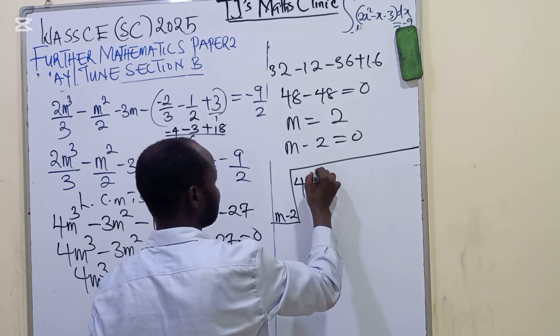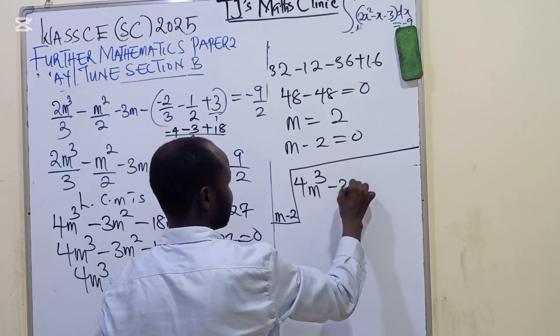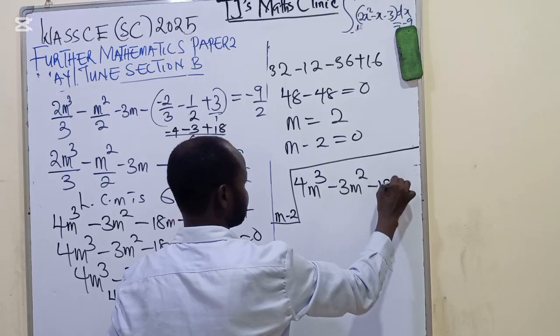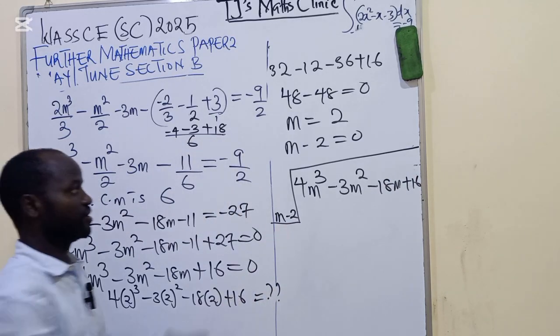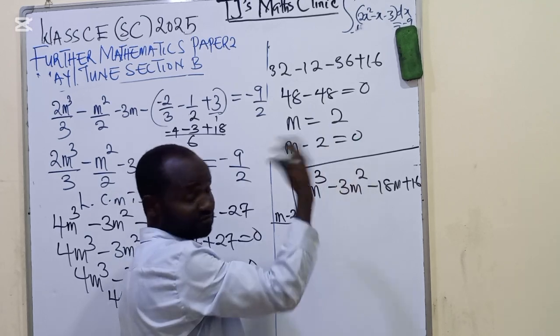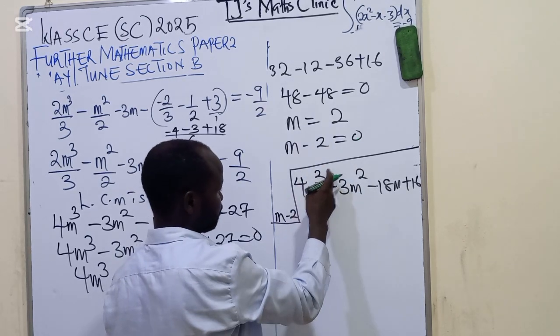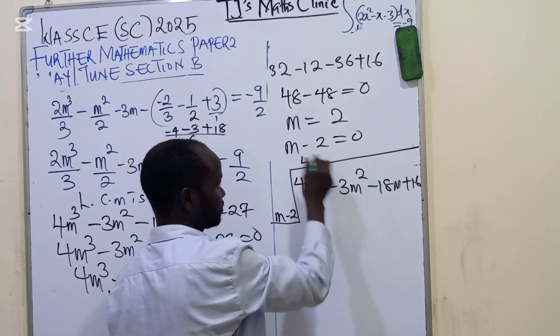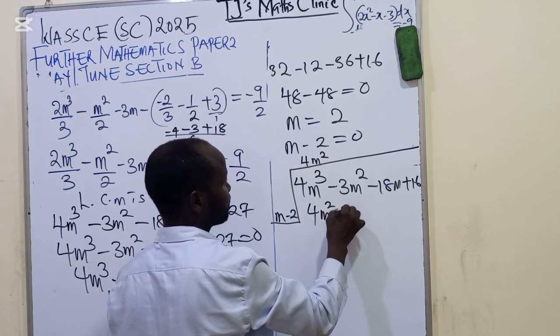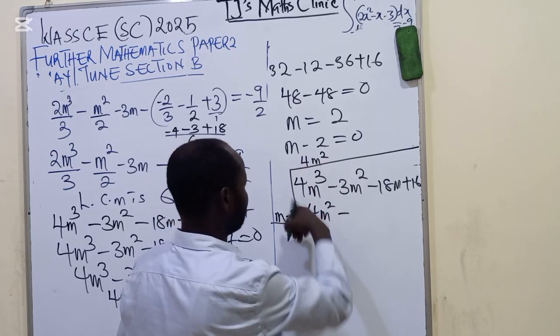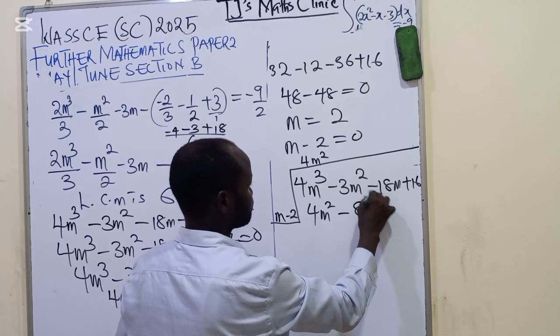We divide 4m cubed minus 3m squared minus 18m plus 16 by it, and see what the other factors will be. 4m cubed divided by m, using long division, will be 4m squared. We multiply back: 4m cubed minus 8m squared.